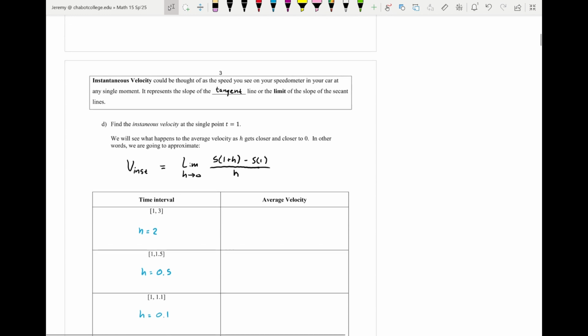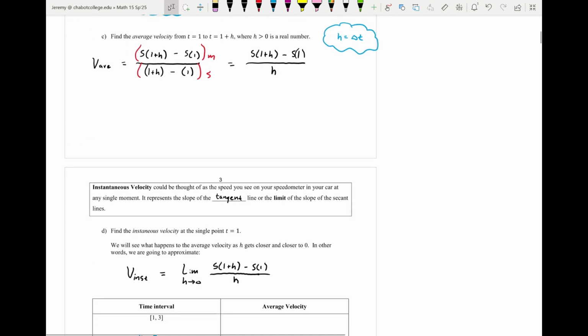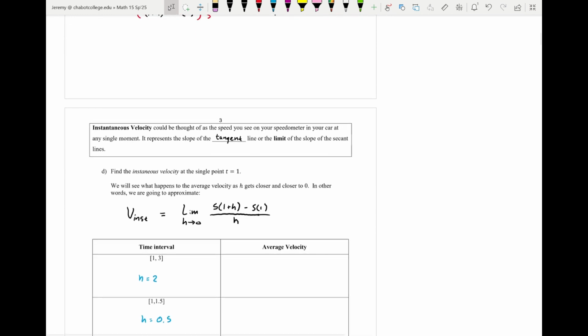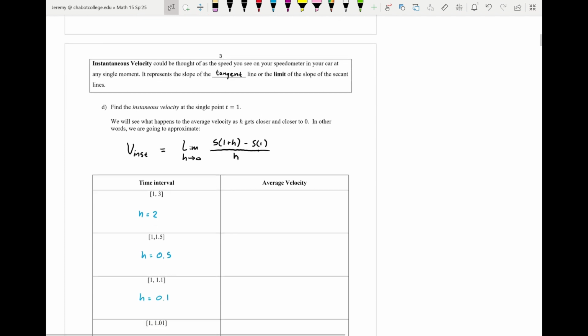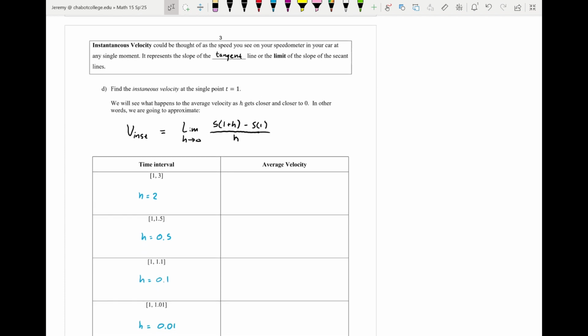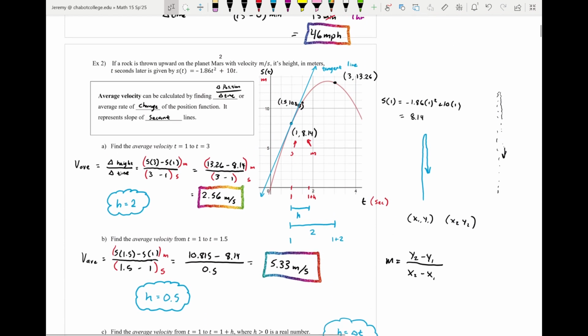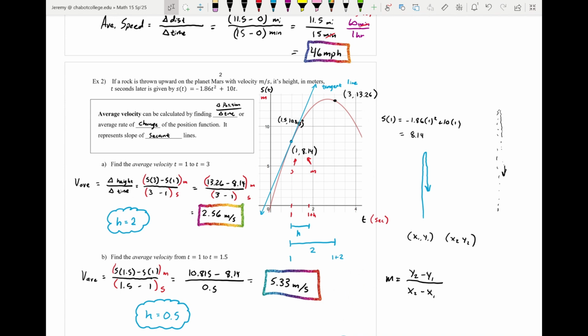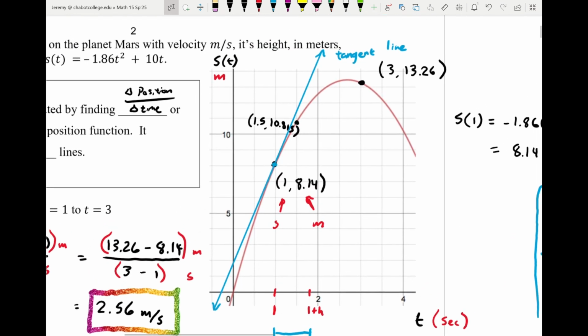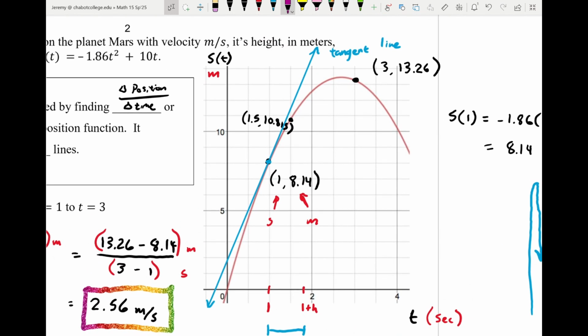Okay, so back to the picture, and I'm sorry for all the jumping around. This is a very conceptually dense first section of this chapter, just working our way towards what we'll see is actually the derivative. The idea is we're going to calculate the slopes of all of these secant lines.